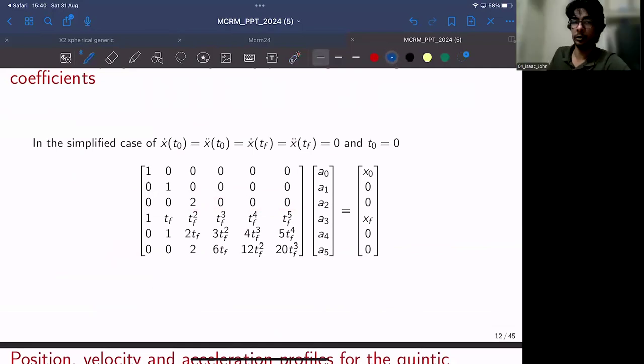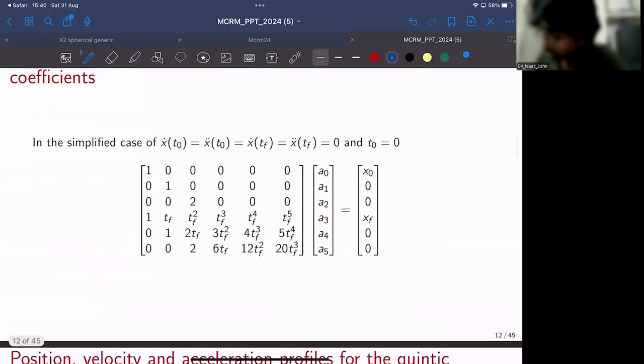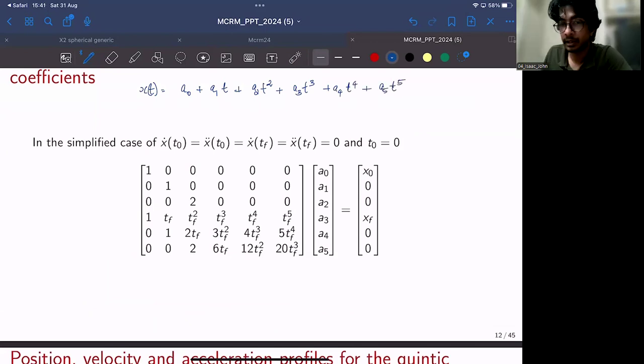So yeah, if that is what you're asking, I'll try to address that. A quintic polynomial is something like this: a0 plus a1t plus a2t square plus a3t cube plus a4t to the power 4 plus a5t to the power 5.